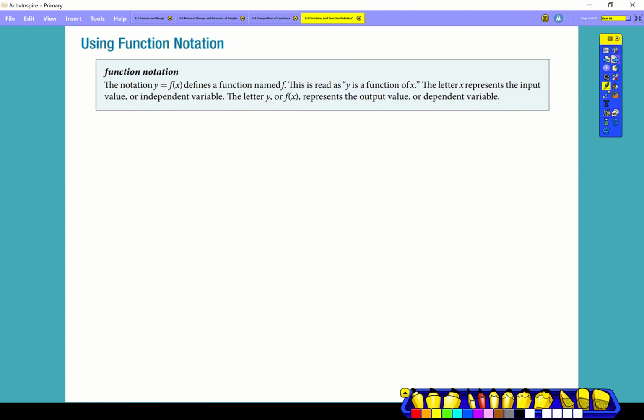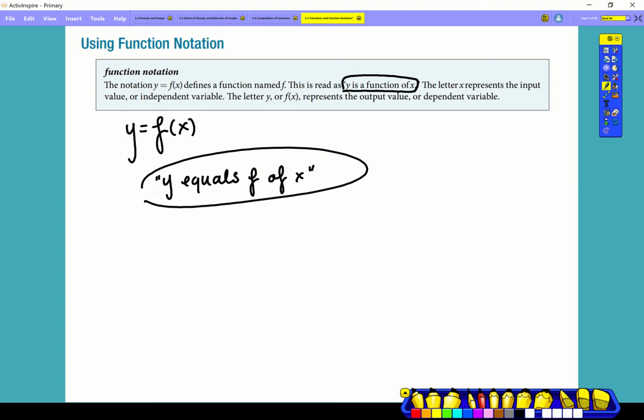So function notation. What exactly does function notation look like? That would be something like this. And how do we say that? Well, y is a function of x. It's what we were previously doing, right? You could also say y equals f of x. This is what you're going to hear like 90% of the time, almost 100% of the time.